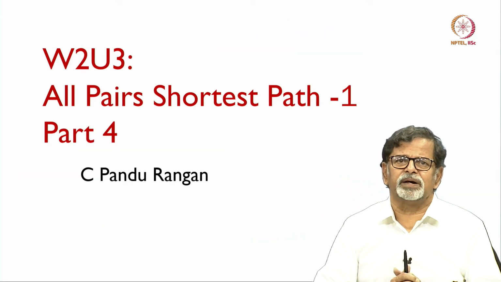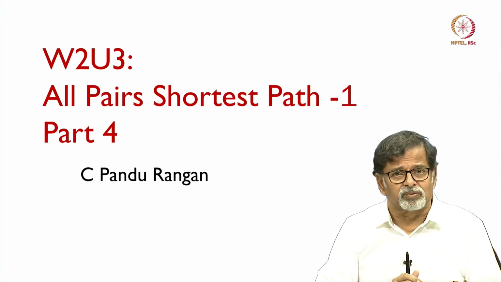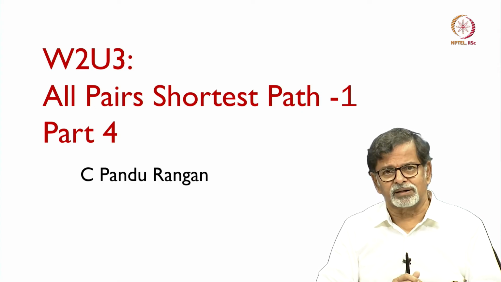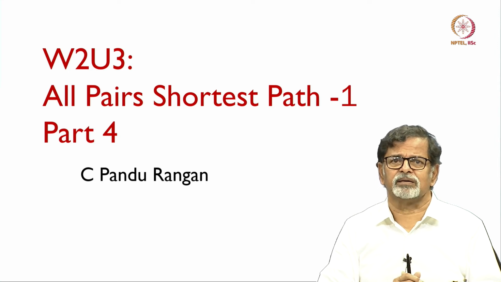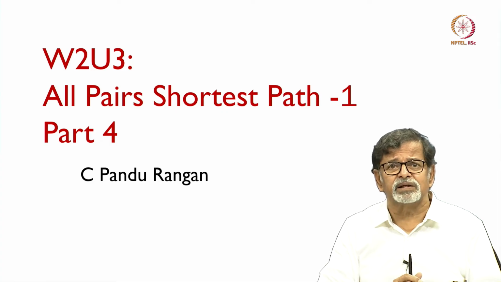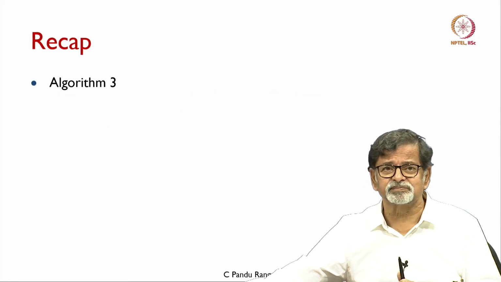For the all pair shortest path problem, we have seen an n power 4 algorithm and an n cube log n algorithm. We are going to discuss another algorithm whose complexity is order n cube, and it is based on an ingenious and out of the box thinking.